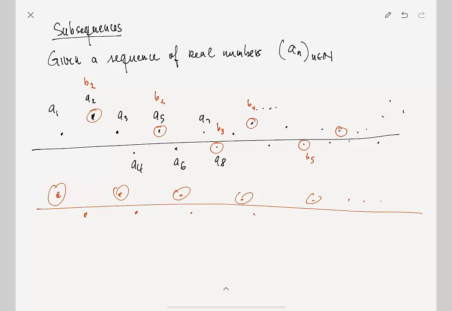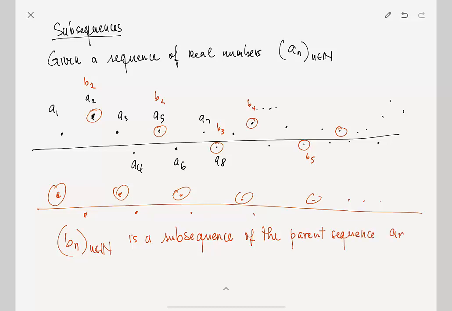The new sequence, obtained by selecting some terms of the parent sequence and omitting others in an increasing fashion, is called a subsequence. So in this case, b_n, as constructed above, is a subsequence of the parent sequence a_n.